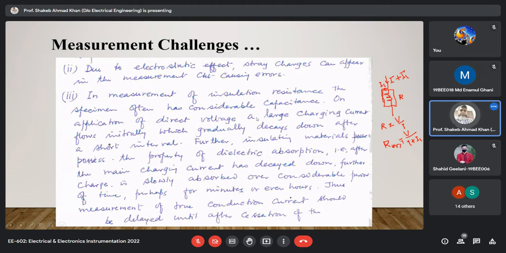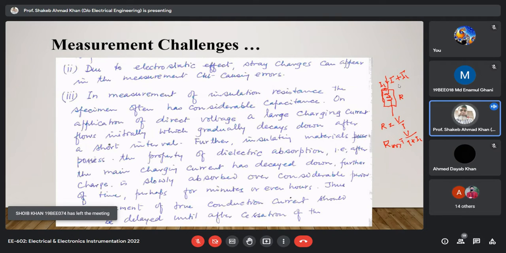Then stray charges. As I told you, when we are making a connection with the insulation for measurement of resistance, then a capacitance formation will take place, because we'll have one conductor connected at one side and another conductor at the other side. In between, you are having very high resistance. It may be insulation resistance. So capacitance formation will take place, and if there are stray charges on the electrodes, that will lead to error.